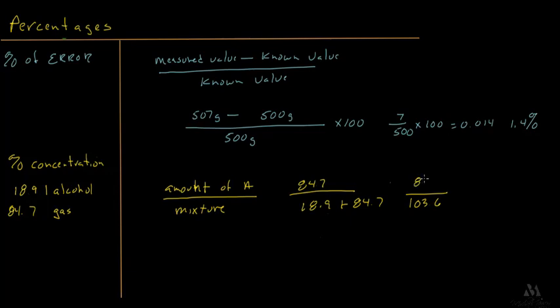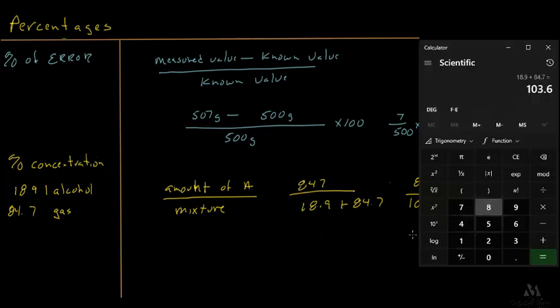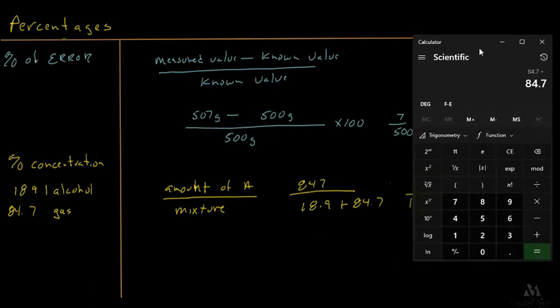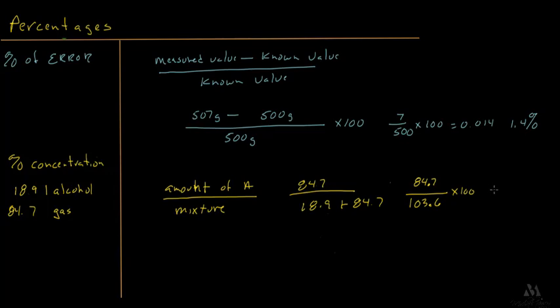And we've got 84.7 up here. This is going to give us a decimal number, so we're going to take it times 100. So 84.7 divided by 103.6 is going to give us 0.8175. 0.8175 times 100, and we multiply that out, we are going to end up with 81.75%.